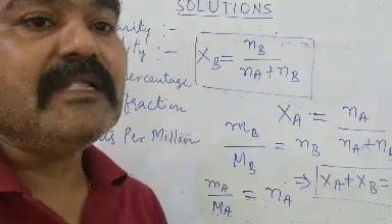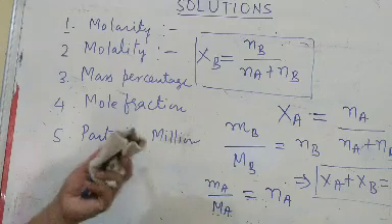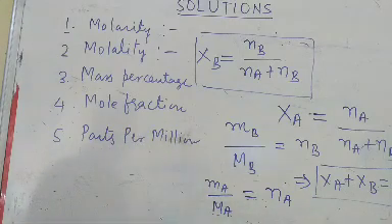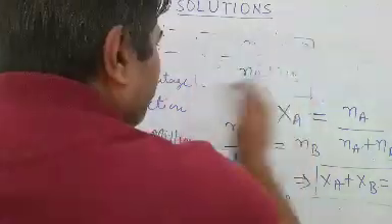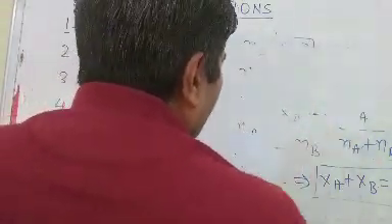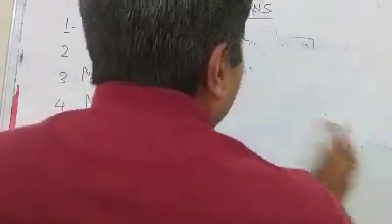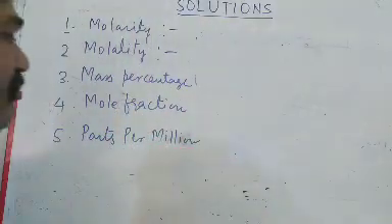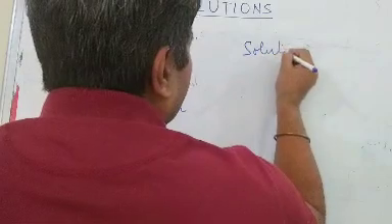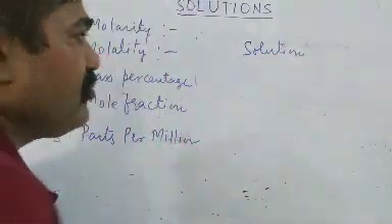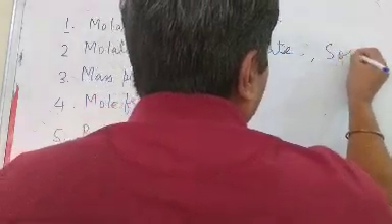The next term is parts per million. Very simple. According to the name, we can know what it is. Suppose the solution contains two components, solute and solvent.